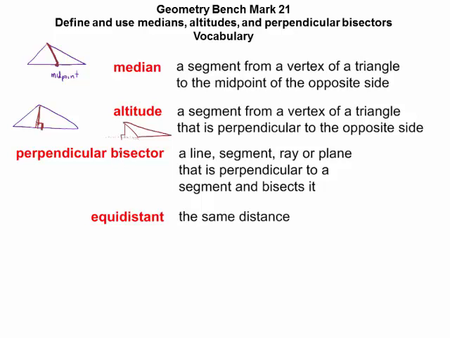Okay. A perpendicular bisector is any line or segment or ray or plane that is perpendicular to a segment and it bisects it. So we can have a situation sometimes where our altitude becomes a perpendicular bisector, but any side that we have that cuts through at a 90-degree angle and makes this equal to that.